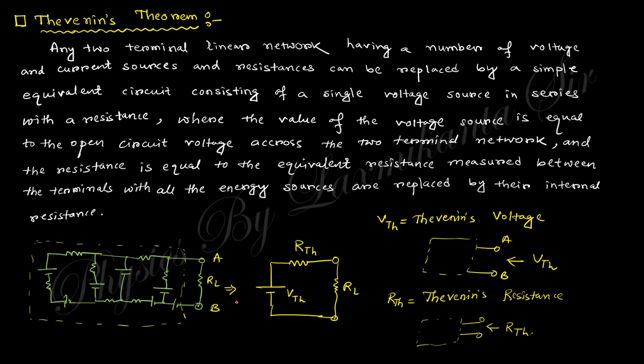All these components can be replaced by a simple voltage source with a series resistance. This voltage source is known as Thevenin's voltage, and this resistance is known as Thevenin resistance. If you consider these two points A and B, everything between them is replaced by that simple circuit. What is VTH?